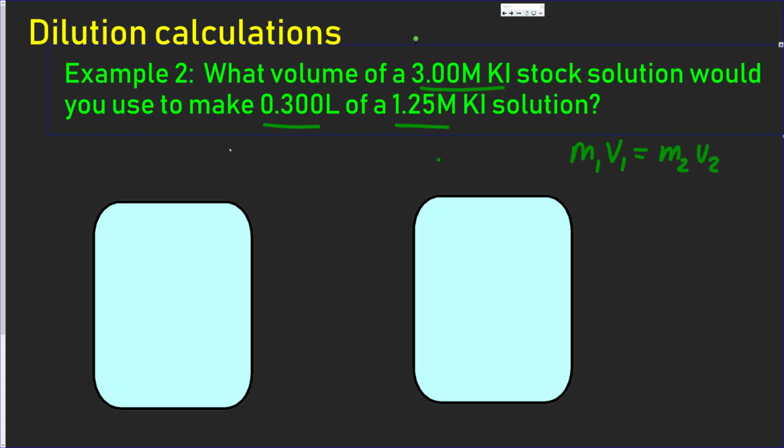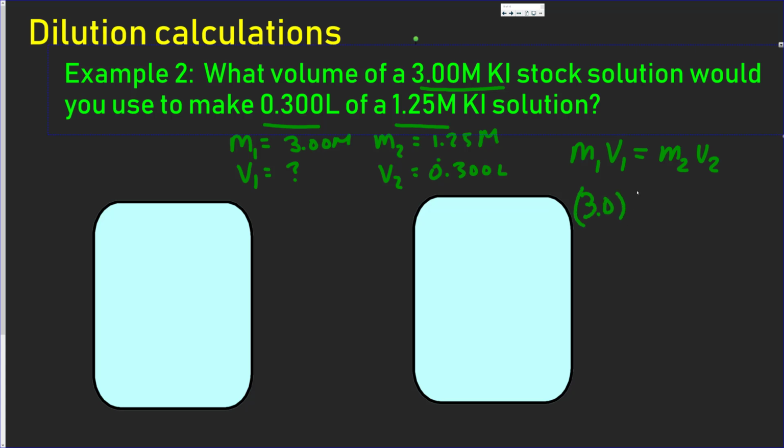So if I were to write out the variables, M1 is equal to 3.00 M, and V1 is my unknown, and M2 is my 1.25 M, and then my volume 2 is 0.300 liters. If I plug all these numbers in, again, you're going to get this.